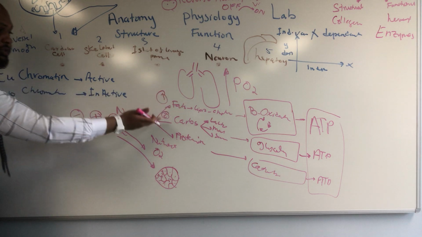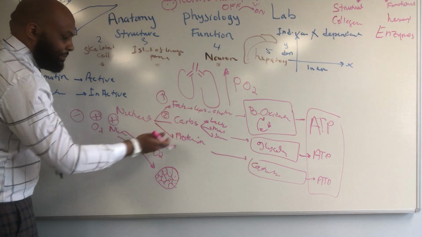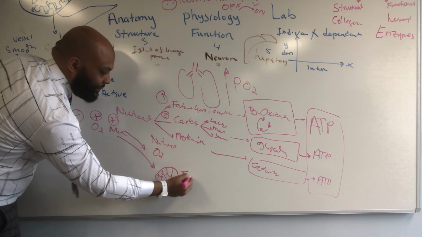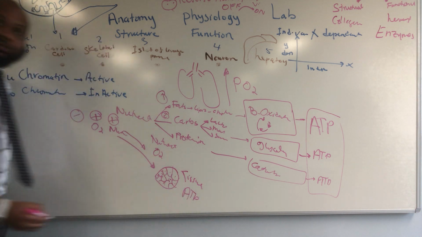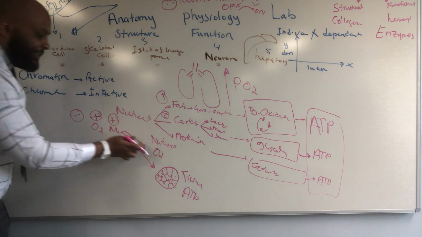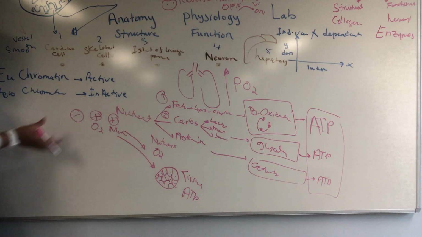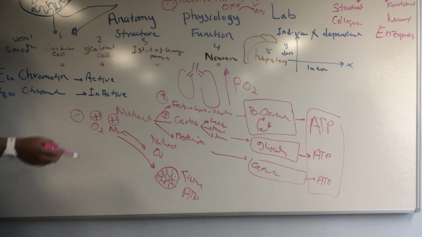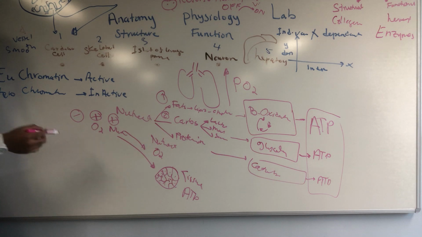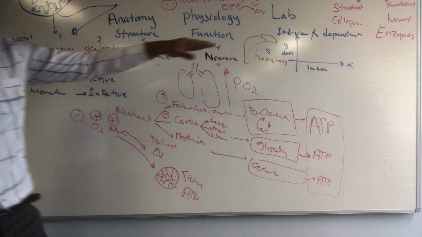Providing my different types of nutrients, my fats, my carbs, my proteins to my tissue. That's my hungry tissue that needs ATP. So it needs ATP from the nutrients. So the blood is coming to provide nutrients, and it's also providing what else? Oxygen. So that's where the hemoglobin comes in.